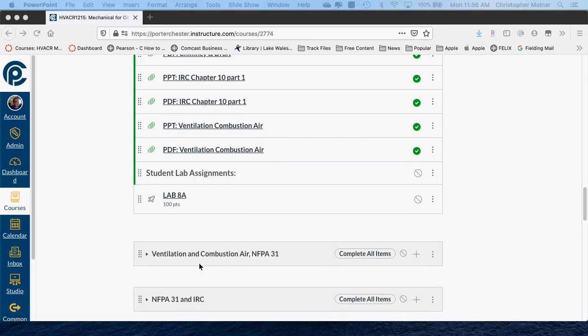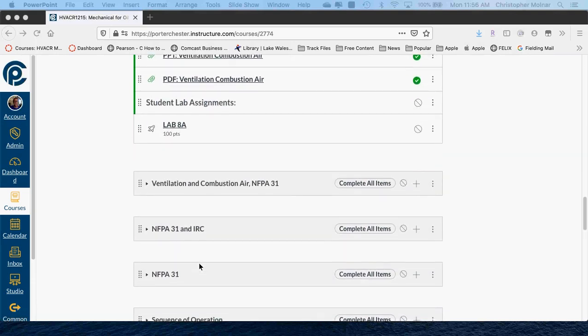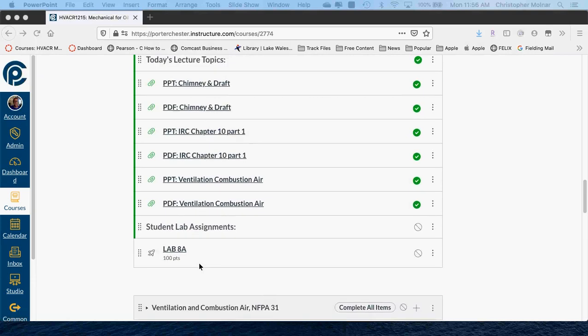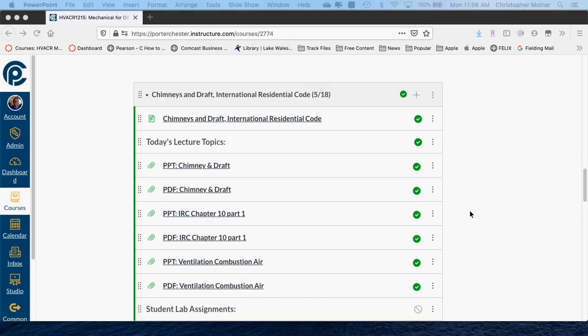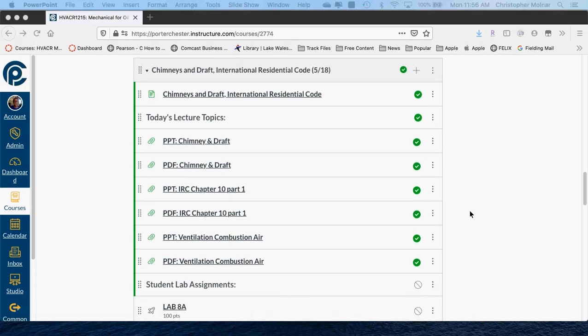Tomorrow we're going to talk a little bit more about ventilation and combustion air and probably talk about some sequence of operation. I am going to talk pretty heavily about the oil simulators. If you have not already done so, take some time to look at the simulator in normal operation without faults. I'm going to go over it pretty heavily tomorrow. And I think that's all I have for today if nobody else has any questions.